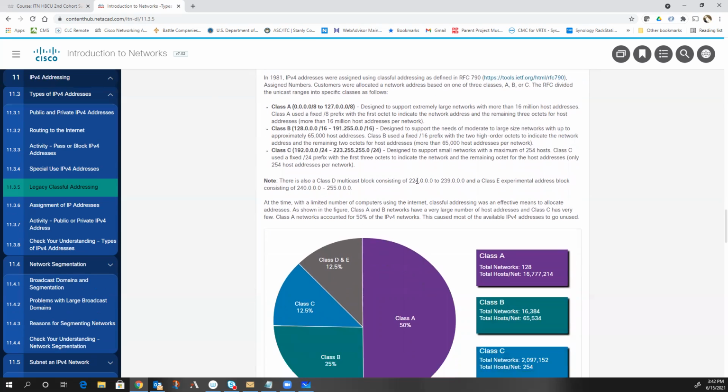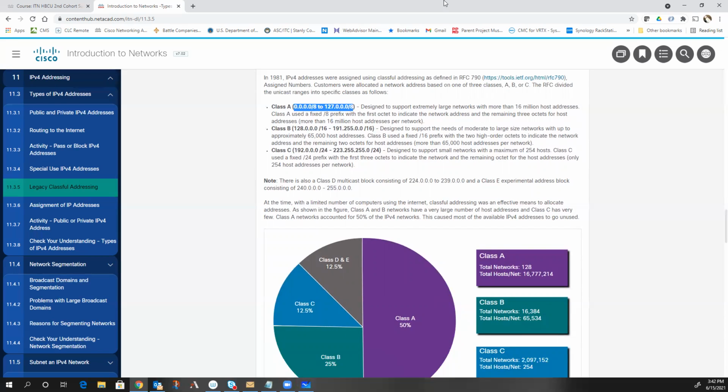But the ones we mostly know are class A, B, and C. The class A's were 0 to 127. Remember, they pulled the whole 127 network, a /8, out to be loopbacks, which is a little bit crazy, but they did it. But 0 to 127 is all class A.